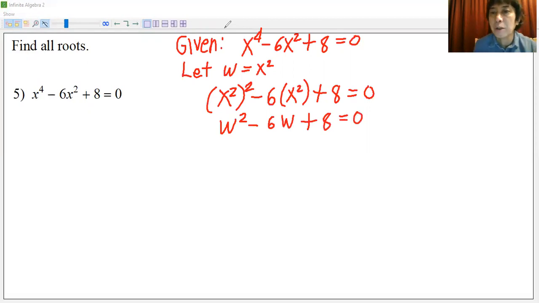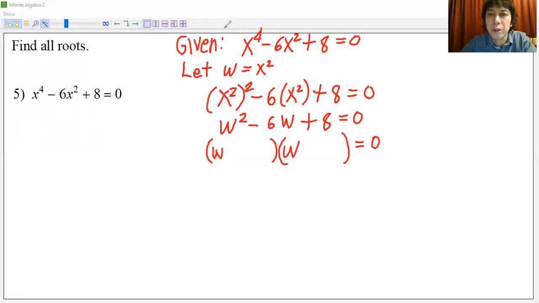Again, we can get the factors of 8 here that will give us a total of 6. The factors of 8, 4 times 2, that's 8, okay? 4 times 2 is 8, and 4 plus 2 is 6. So those are the right numbers. We shall get the factors over here.